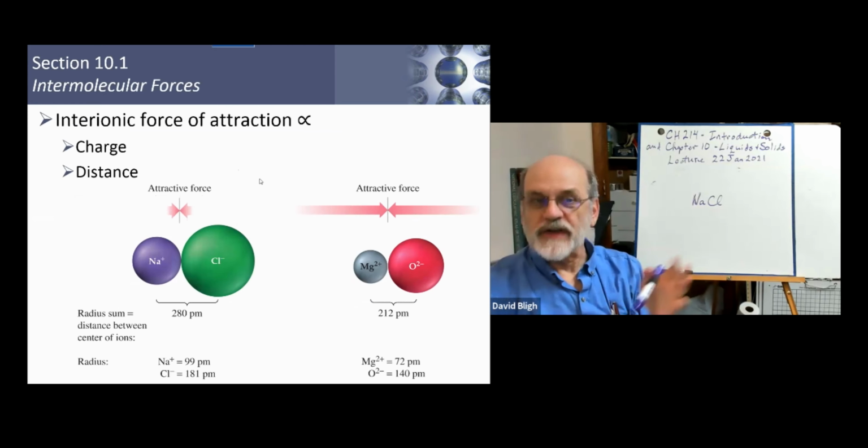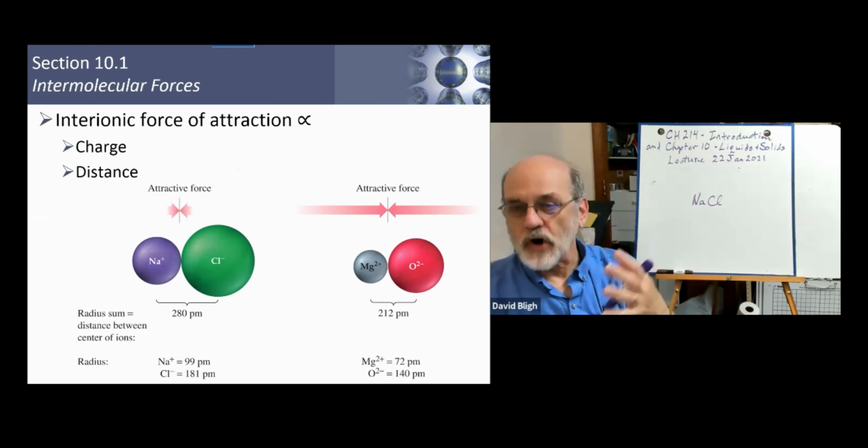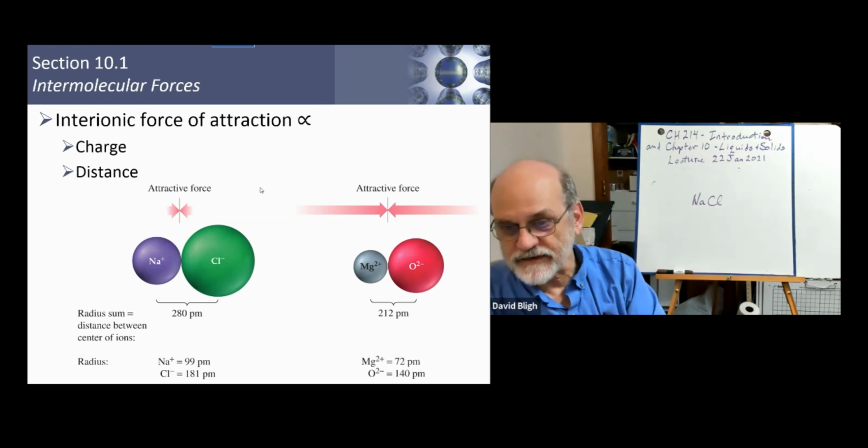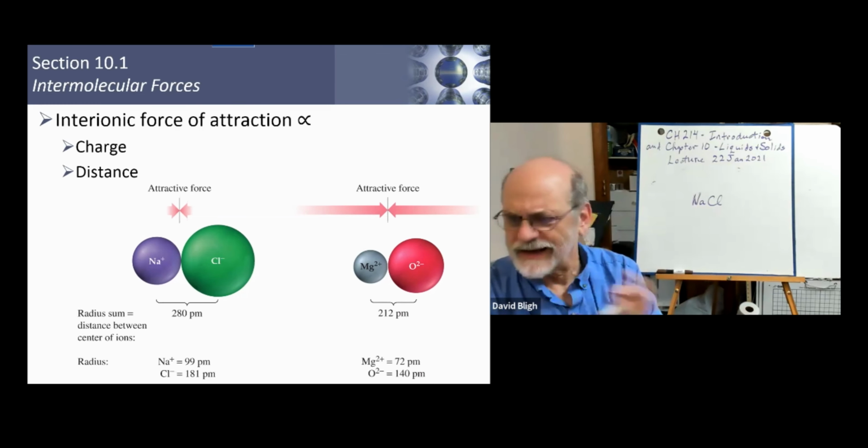Well, two things. What's the charge difference? If you have a large charge difference like this one, magnesium oxide, the forces between them will be stronger. It's purely electrostatic. 2 pluses against 2 minuses is a stronger attraction than 1 plus against 1 minus.